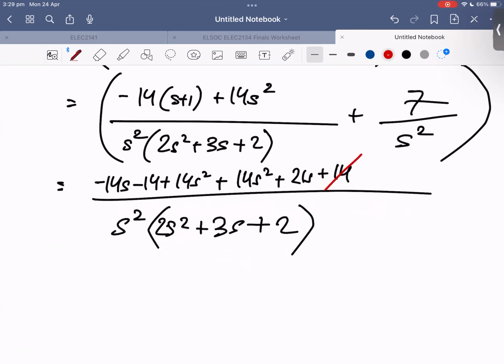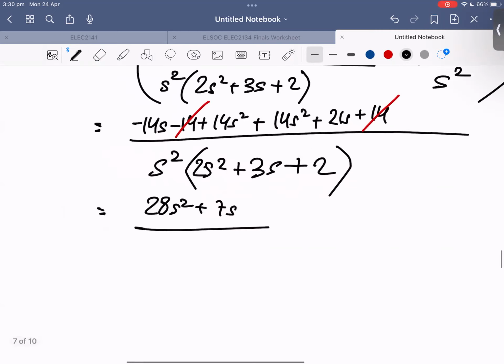So the 14S will cancel, and I've got 28S squared plus, so 21 minus 14 is 7S. And since there's an S squared on the bottom, I can go ahead and cancel it already. So 28S over S, 2S squared plus 3S plus 2. So this is the answer that you should get if you write out the mesh equations.